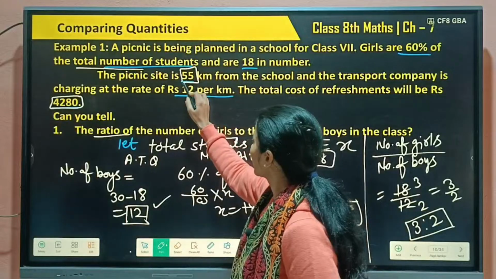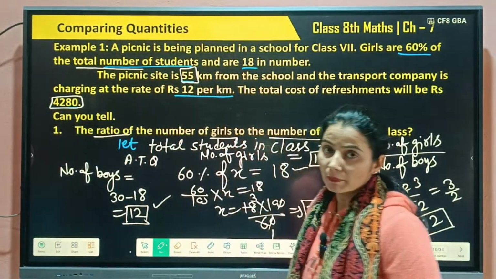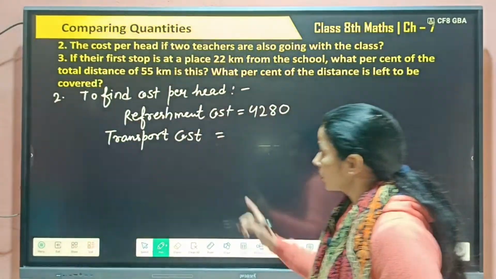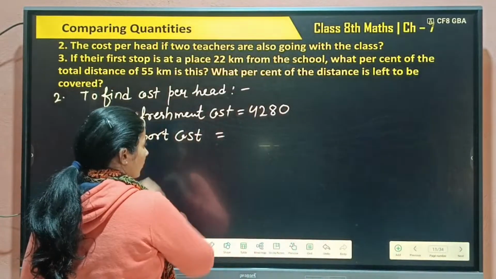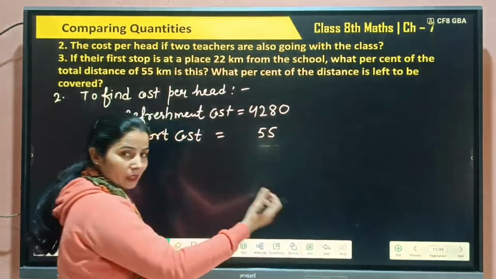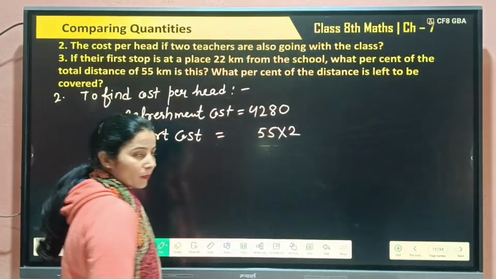So we need to find out the transport cost. How will it be? This is 55 kilometer one way distance, multiply it by 2, then it will be both ways distance.